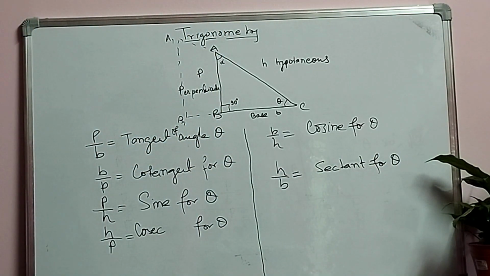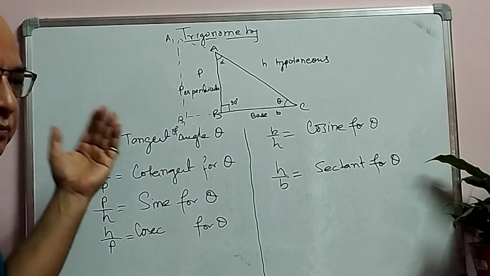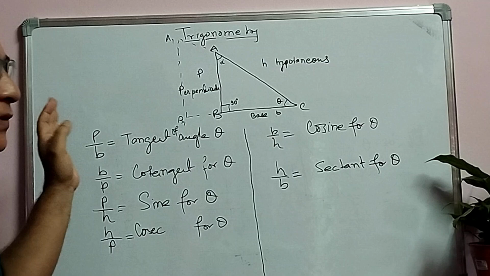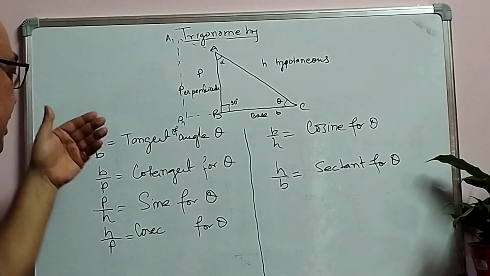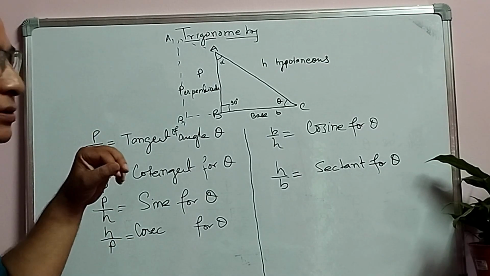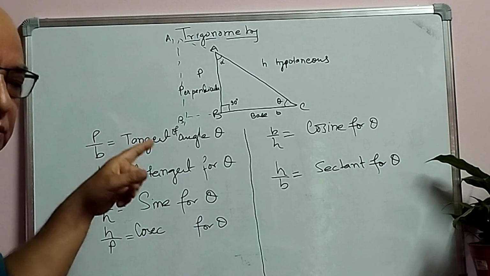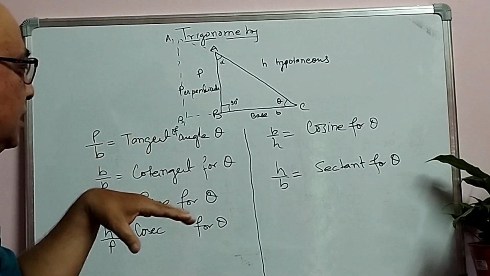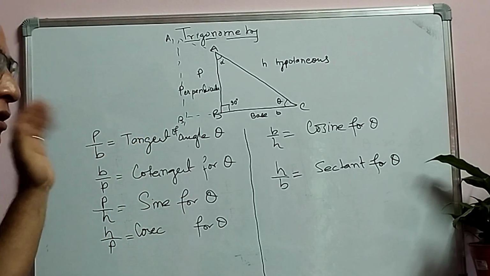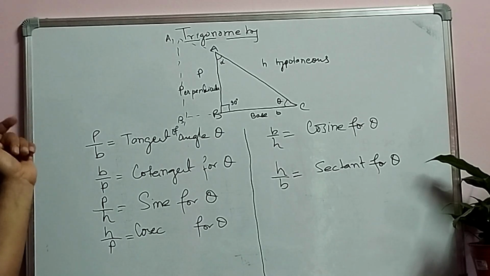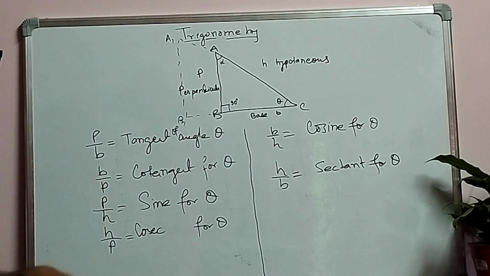So it's clear the ratios are named. There are six ratios for three sides, six ratios of two sides, one side to the other.